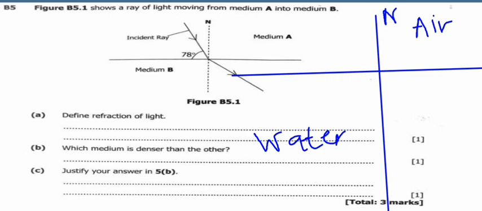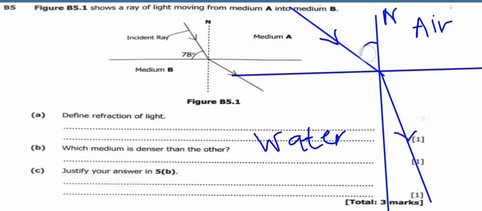So what usually happens here when the ray is coming from a less dense medium, which is the air, after striking the normal, it bends toward the normal. Usually we show the rays by using arrows to indicate where the ray is coming from.